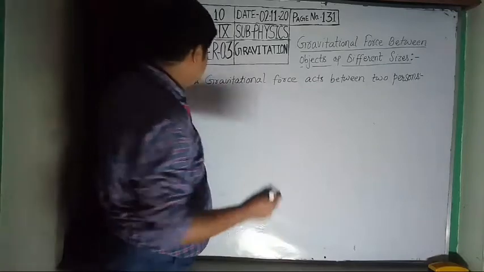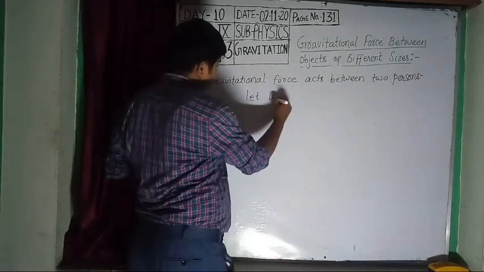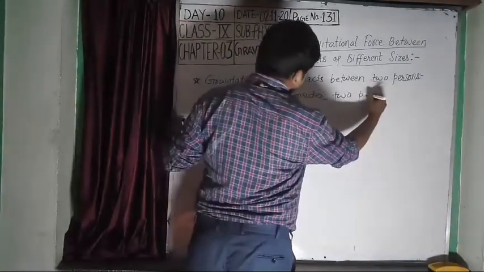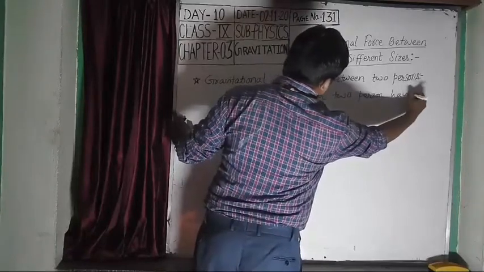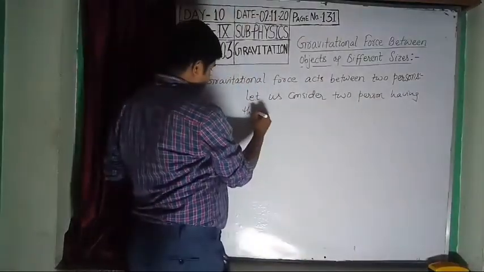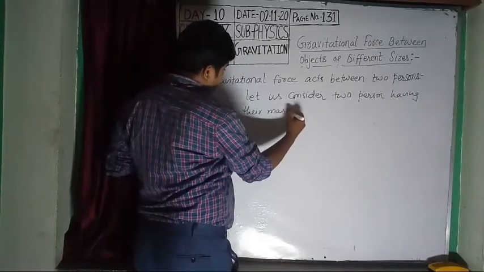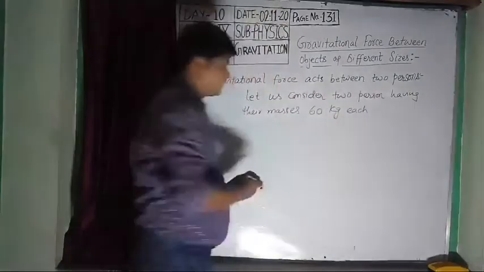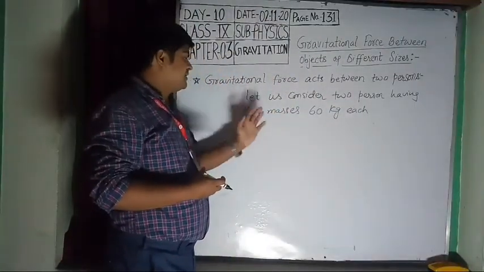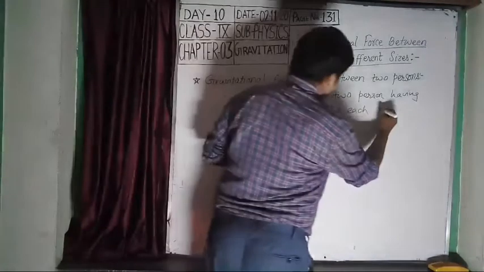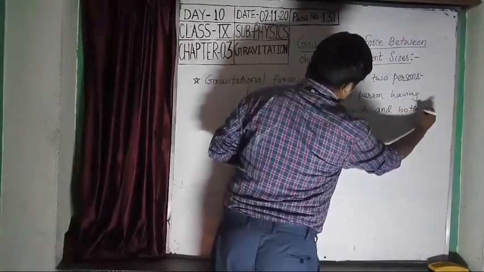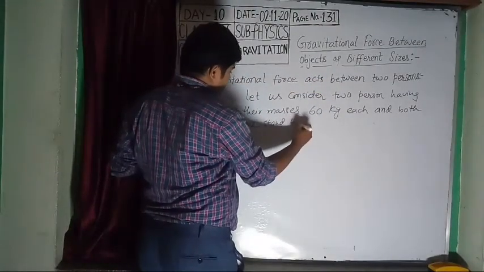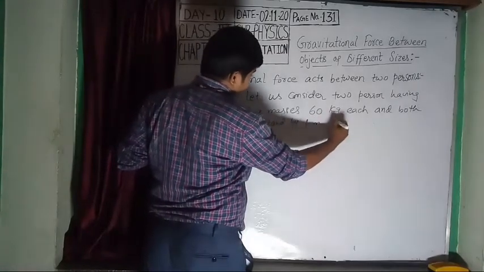So first of all, let us consider two persons having their masses 60 kg each, and both standing with a 1 meter difference.